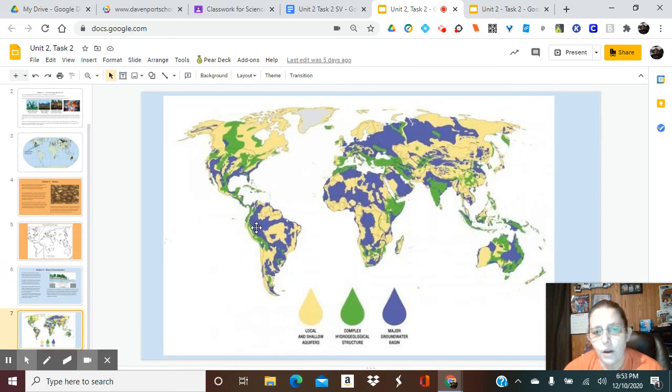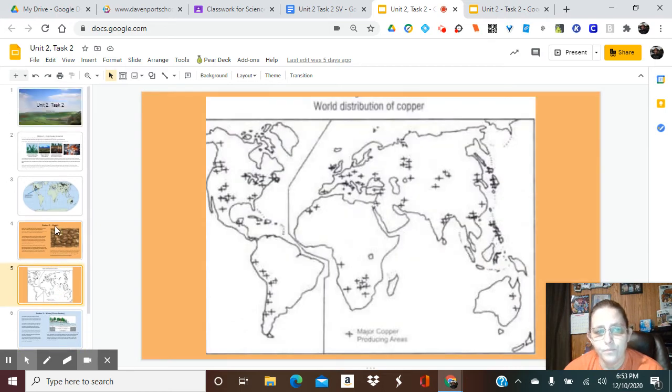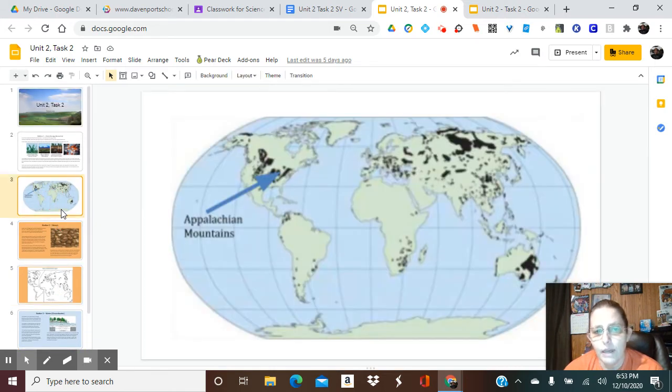Good sources of groundwater, you can see, are in most places in the world, but not everywhere has good resources of groundwater. So the point is that the plates and the boundaries, the tectonic plates, drive what resources you're going to find where.